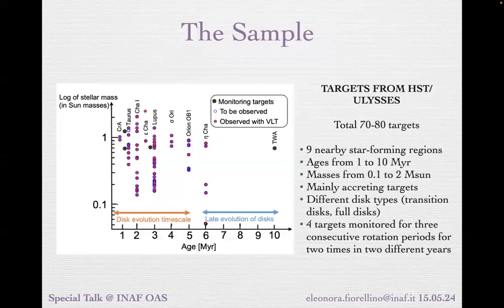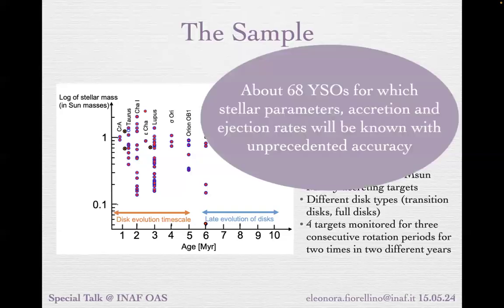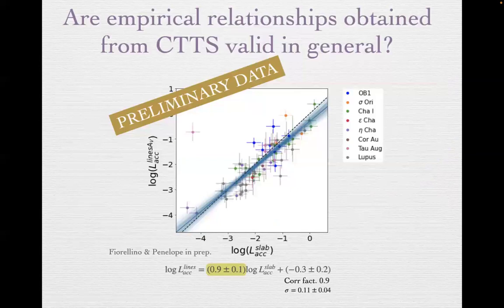So thanks to this large sample that is well spread in age and also complete in mass, I'm currently studying about 68 young stellar objects, classical T Tauri stars, for which all the stellar parameters and rates are well known in extreme detail. And thanks to this, I'm going to show you this.